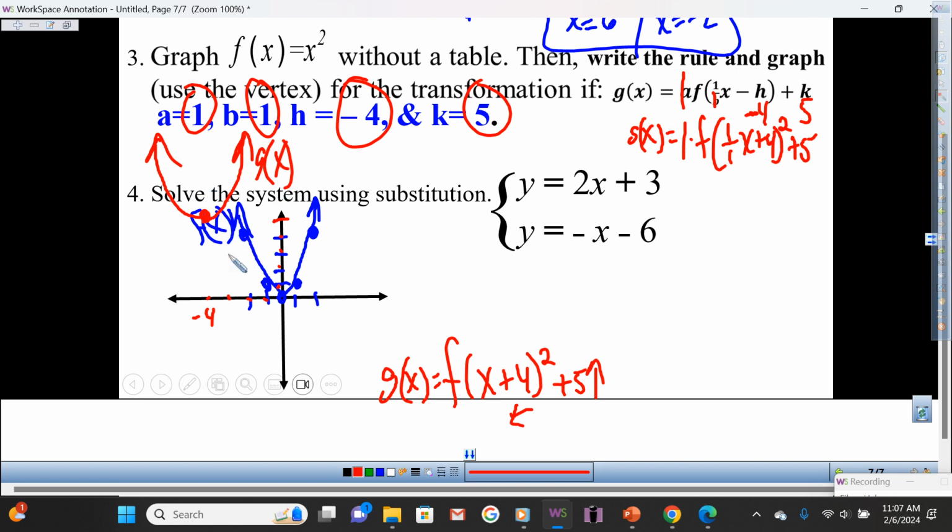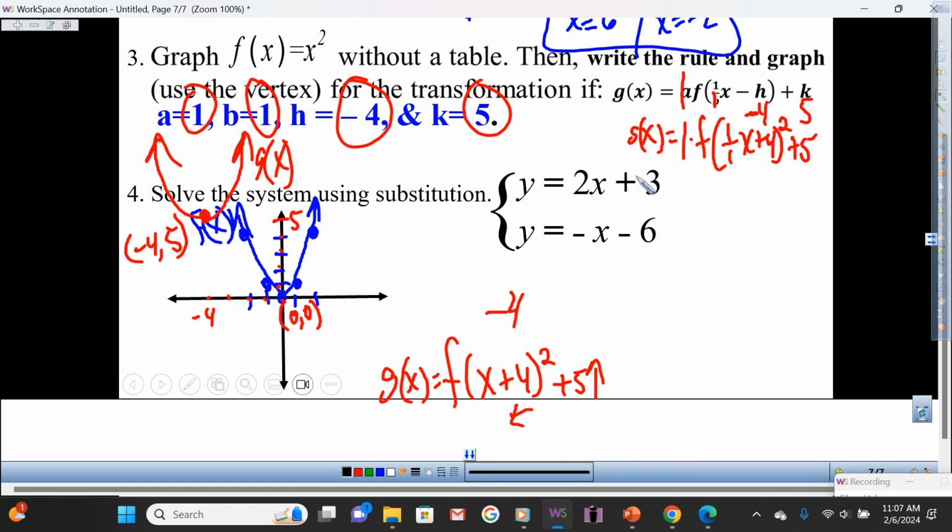Which point did I use? The vertex over here was what? 0, 0. The original was 0, 0. This one is at -4, 5. Now check this out. We said that it was going to move 4 to the left. That means -4. And 5 up. And we said that that is h and k, just to refresh your memory, okay?